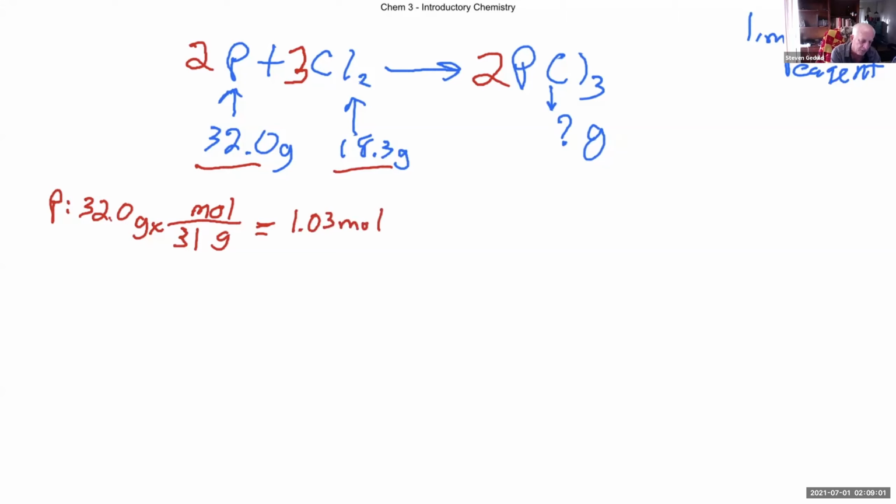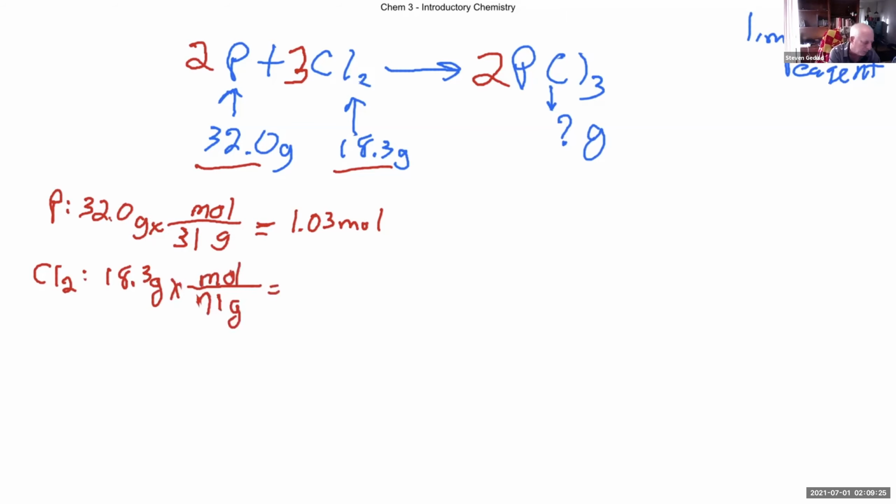Okay, and for chlorine, Cl2, I have 18.3 grams. And chlorine is 35.5 for each one. I have two of them. Okay, so 71 grams per mole.